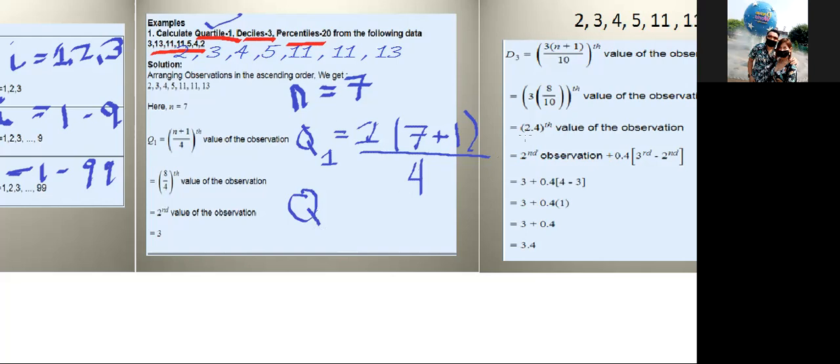Okay. So going further, you can have the position. Remember, this is still the position, guys. This is the nth number of data. So this is not yet the final answer because we are just trying to find the position. Position of the first quartile.